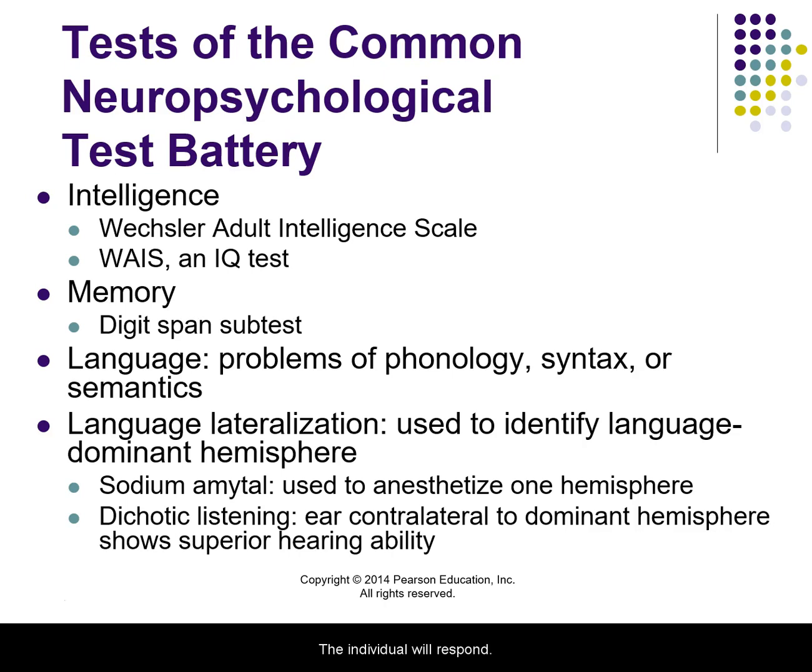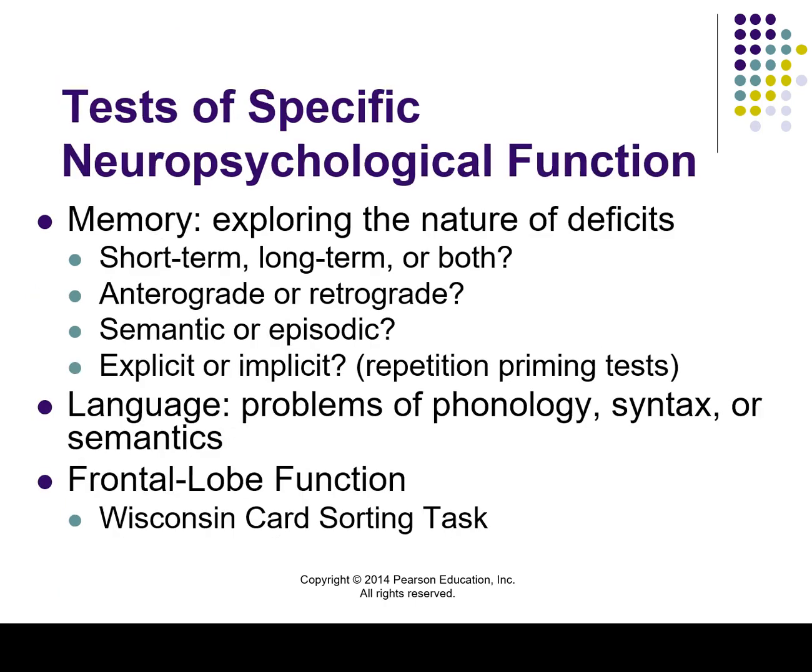The individual will respond to more of the numbers in the ear which is more primary for them. Okay. So the dominant hemisphere shows superior hearing ability. And so again, that's just able to find out language lateralization. Are the language centers more in the left hemisphere or in the right hemisphere?